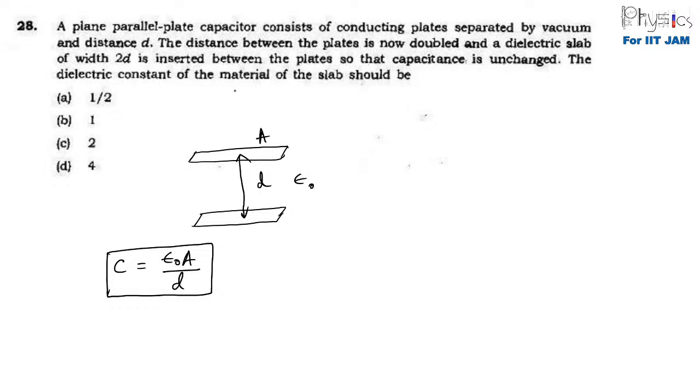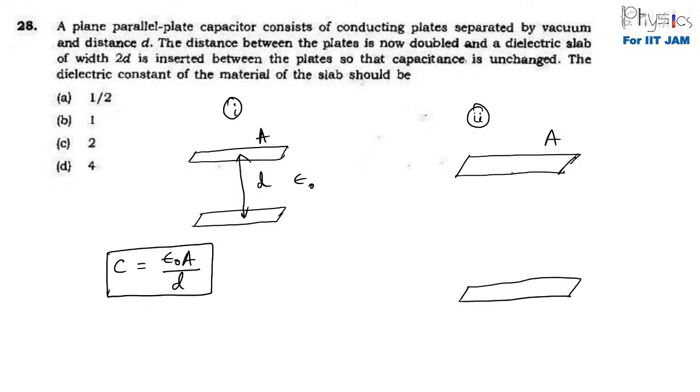Now, in the next case, case number 2, you said that the distance between the plates, no, the area is unchanged. Okay, the area is again A. The distance is just doubled. That is, the distance becomes 2d.